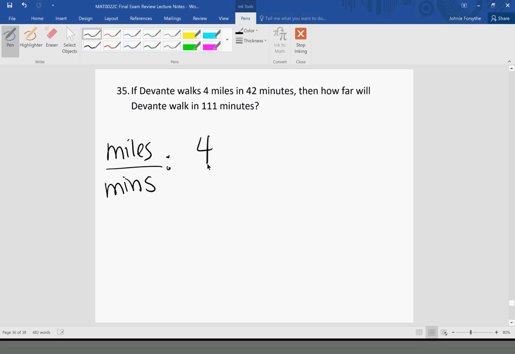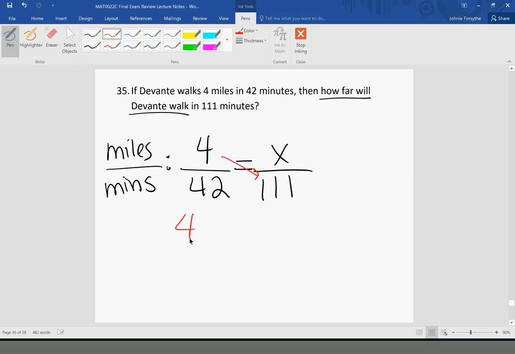So if you can do 4 miles in 42 minutes, that's proportional to how far will he walk? So x miles over 111 minutes. So that's your proportion. So we're going to cross multiply.